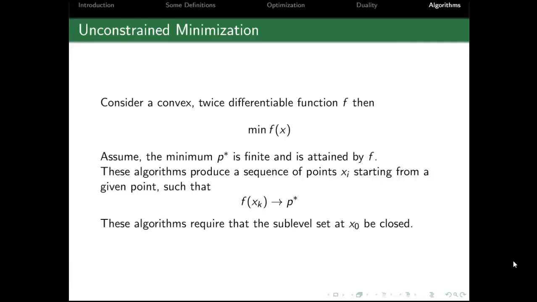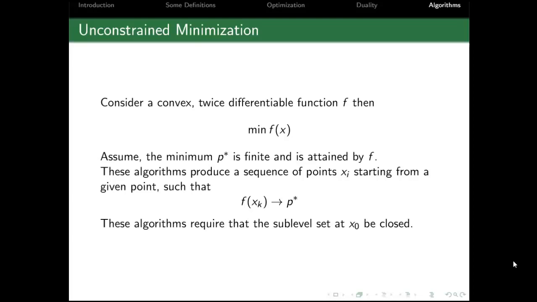These algorithms require one condition, that is, the sublevel set should be closed. What exactly this condition means is, when I start from x0 and I go to some other point, at each time I'm trying to reduce the value of f. So from x0 I go to x1 where f of x1 is less than f of x0.